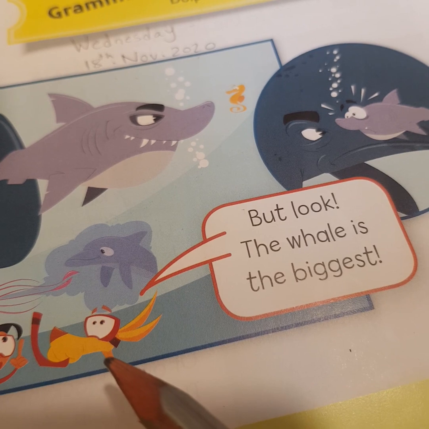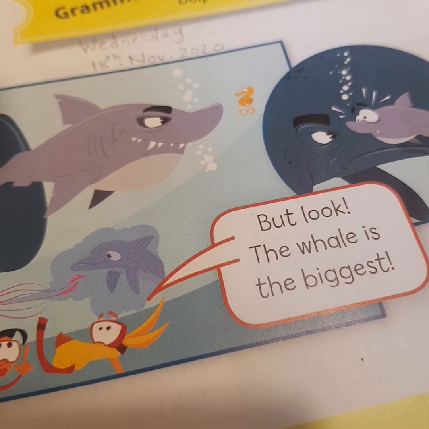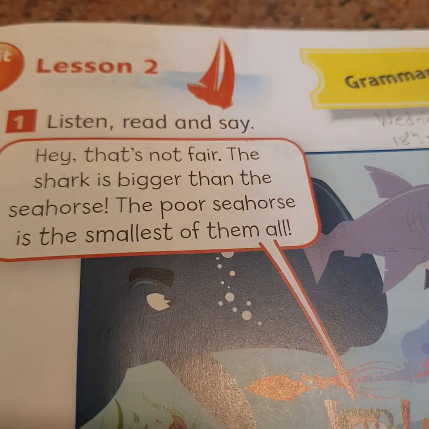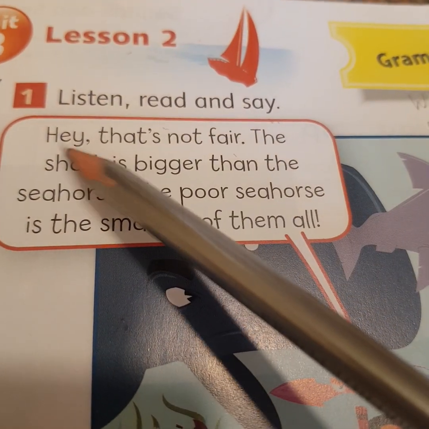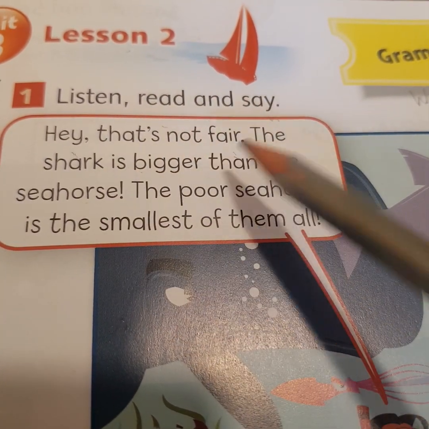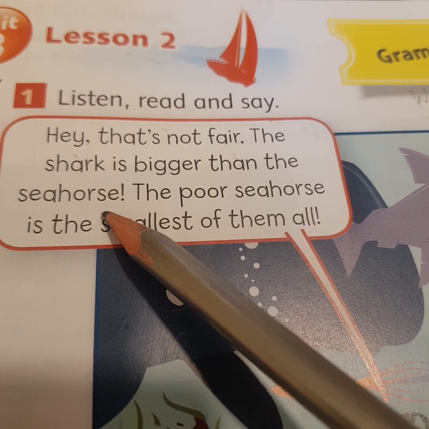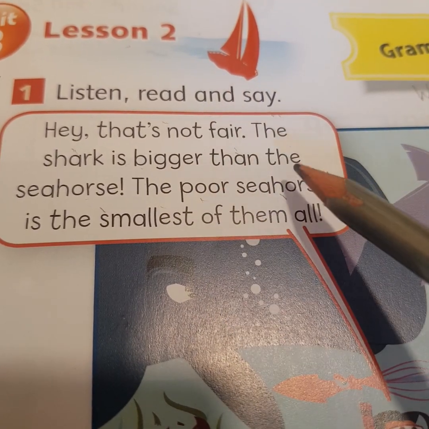What does Bouncer say? But look, the whale is the biggest. Let's read again. Hey, that's not fair. The shark is bigger than the seahorse. The poor seahorse.